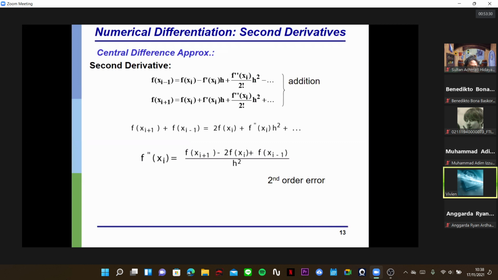So f prime at 0.5 is equal to f at 0.75 minus f at 0.5, over delta x, which is 0.75 minus 0.5. And this is the result. Now the error here is 26.5%.